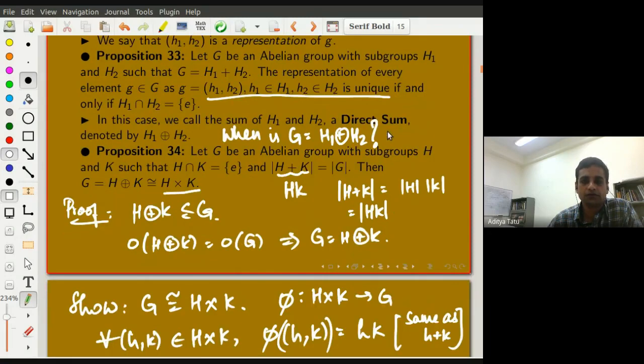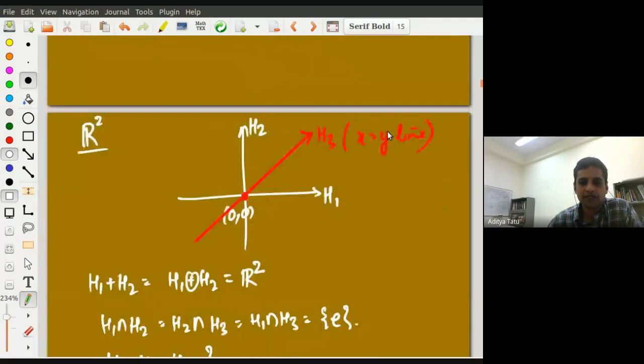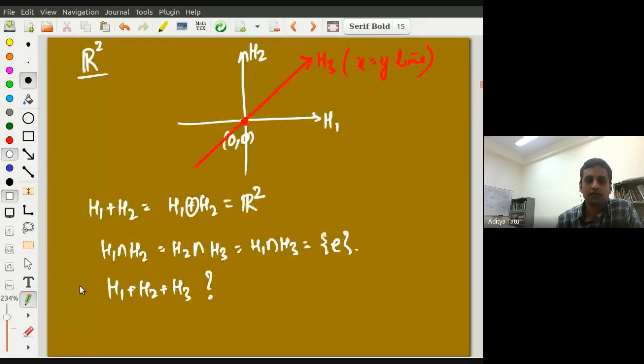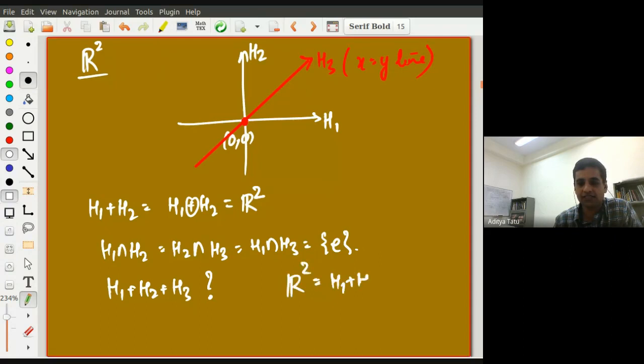So in this case also, I'm sure all of you agree that H1 plus H2 plus H3 is R2. In other words, I can represent any element of R2 as a sum of three elements, one from H1, one from H2, one from H3. But is that sum unique?